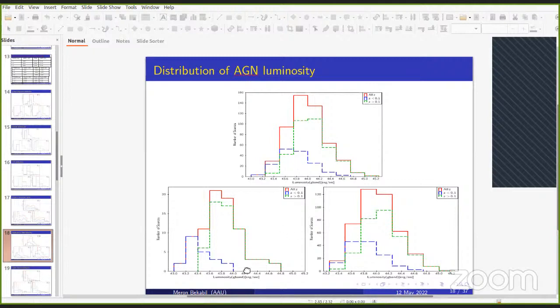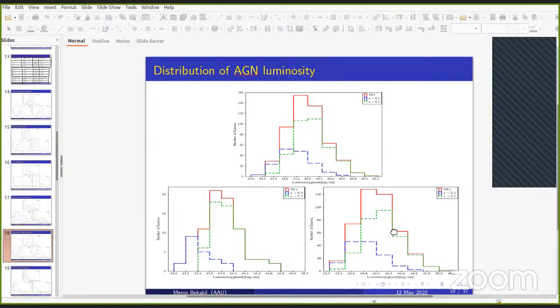When we see the Sy2, they also show high luminosities around here, and this one is for low redshift ranges. So a little bit of change. The low redshift goes to around 43.4, and for high redshift the statistic goes from 46.6 down to 44.